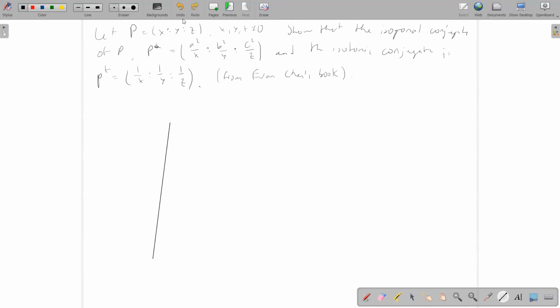If you have a triangle ABC, and some point P here, this is a bad choice of P, I'll place it like here.